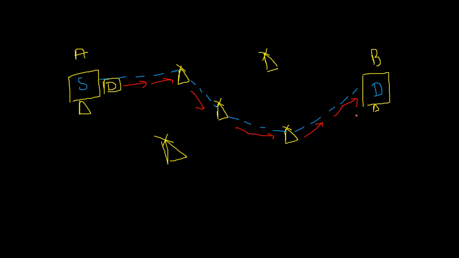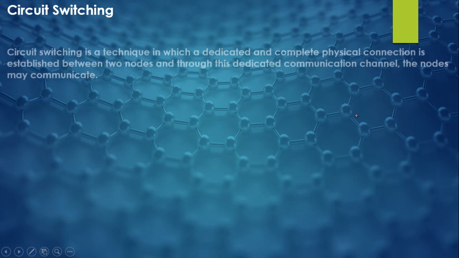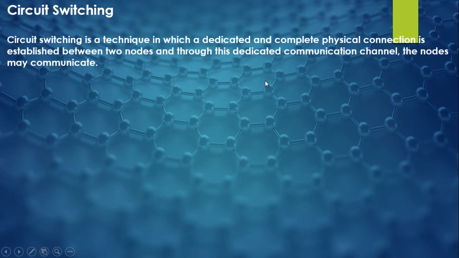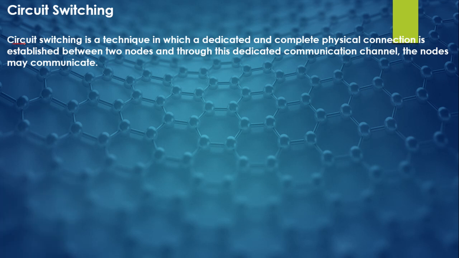Okay, so the points that we have to learn about circuit switching: the first point is that circuit switching is a technique in which a dedicated and complete physical connection is established between two nodes.